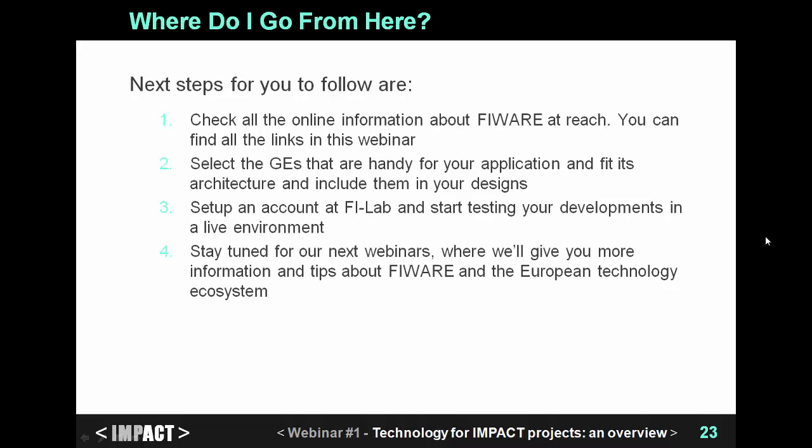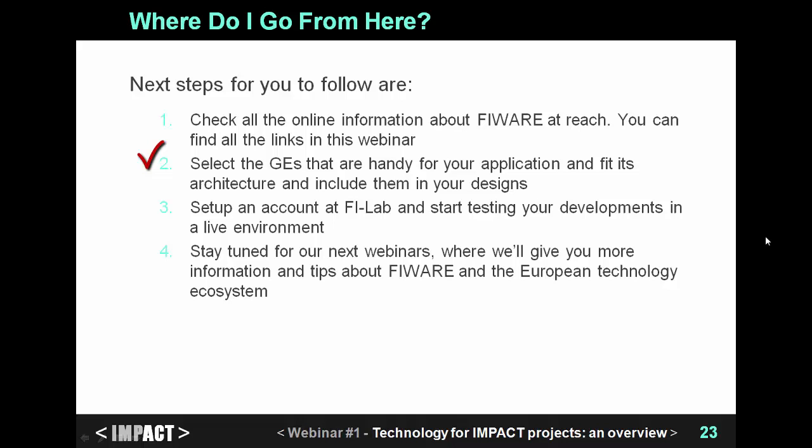Next steps for you now that we are done with our webinar. Well, I hope the basics are clear for you now. And now what you should do is check all the online information about FIWARE at Reach. You can find all the links in this webinar documentation. Then select the GEs that are handy for your application and which fit its architecture and include them in your designs.